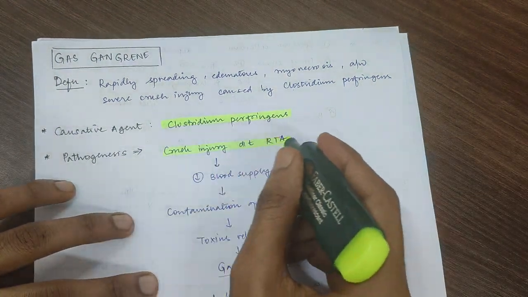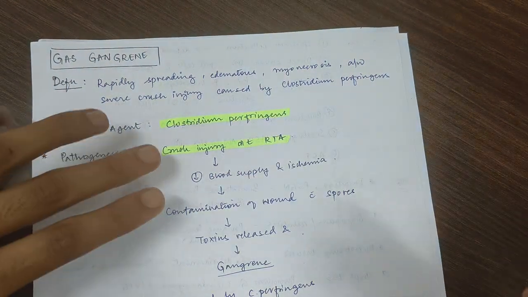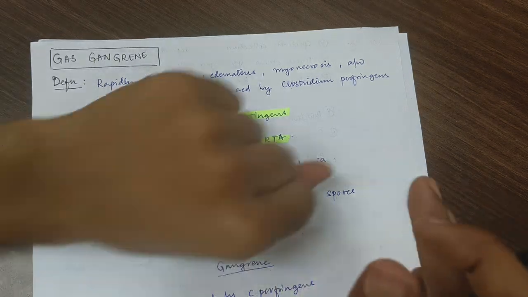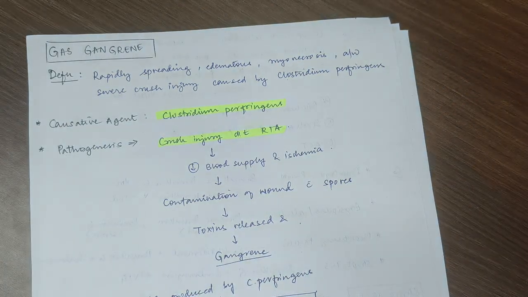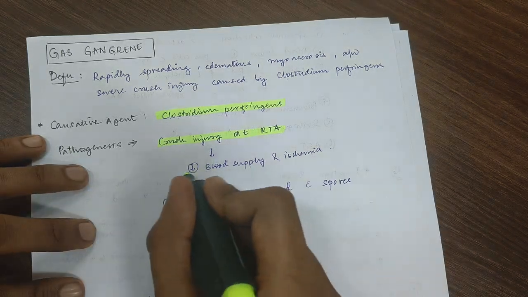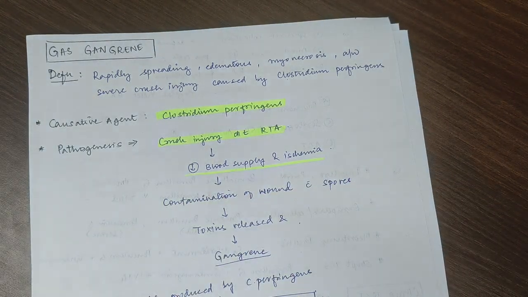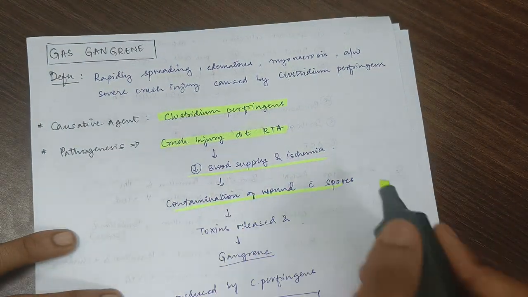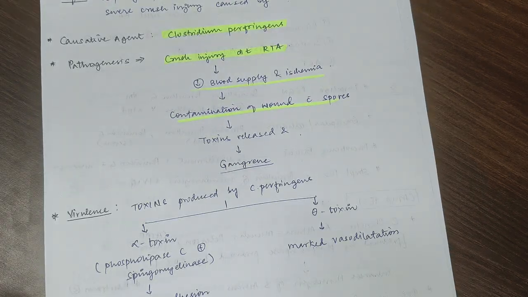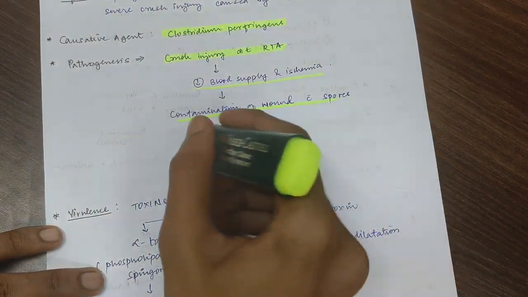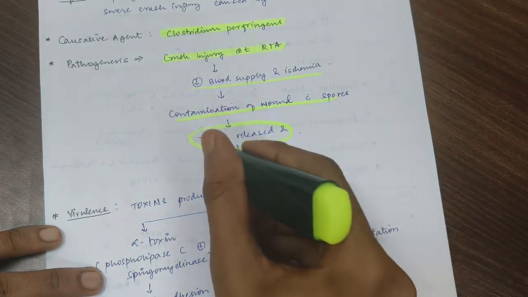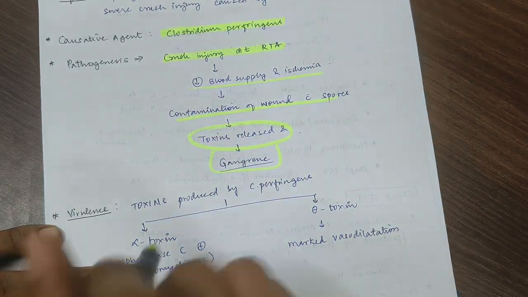What is the pathogenesis? First I have told you, that is crush injury or the RTA. Because of something, the bone or the thing is crushed, that is called a crush injury. And if there is a crush injury, that will lead to decrease in the blood supply and ischemia, and contamination of the wound with spores which are present in the mud. Basically that will lead to toxin production, leading to gangrene.